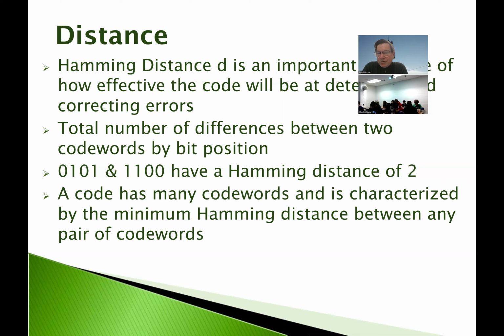Some codes are better than others, and for many decades, basically, if you were trying to get a PhD in this field, information theory or control coding, your dissertation was basically trying to come up with a better code than anyone else had done.